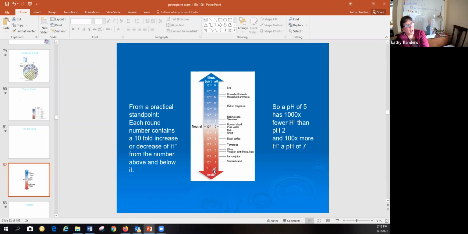But each time there is a 10-fold change in the amount of hydrogen ions. As I go up, the hydrogen ion concentration is going down. As I move down, it is going up.